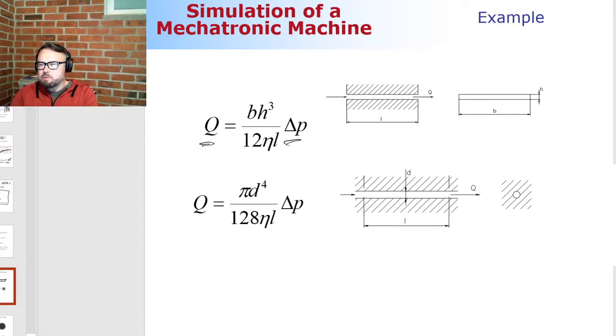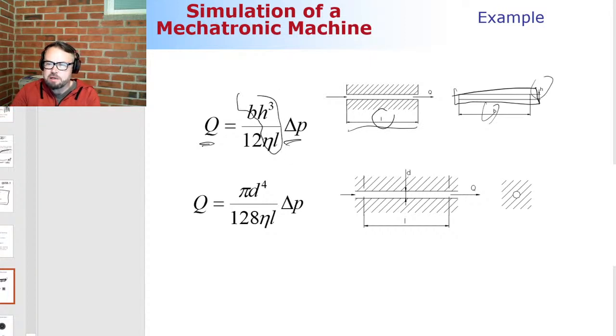This time we're looking at a rectangular shape throttle. I don't know how you can make something like this. I guess you cannot really make this. It's difficult to do in real life. But anyway, we have B, which is the length of this rectangular cross section, H of the cross section, and then the length, which is this one here.